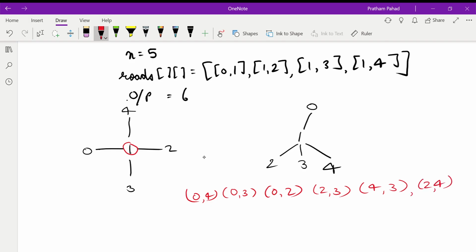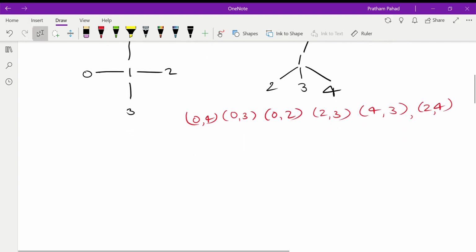See, if I remove 1, I cannot go from 0 to 4. I cannot go from 0 to 3. I cannot go from 0 to 2. I cannot go from 2 to 4. I cannot go from 2 to 3. I cannot go from 3 to 4. Understood? So the maximum number of disconnected pairs is 6. So I hope this question is clear to you.